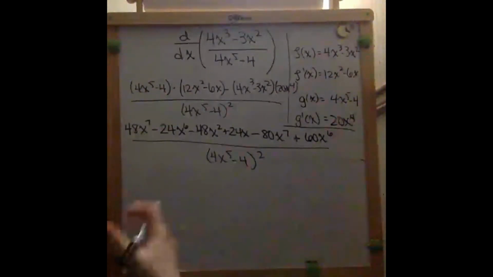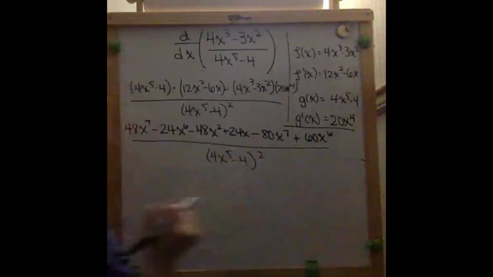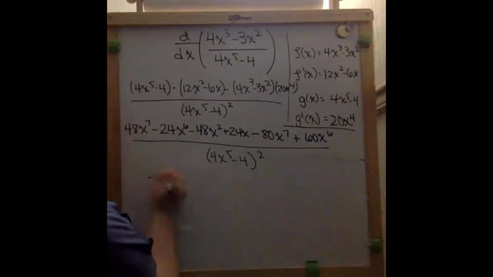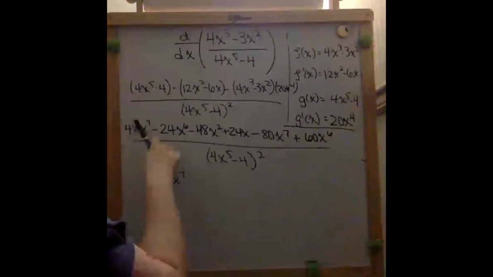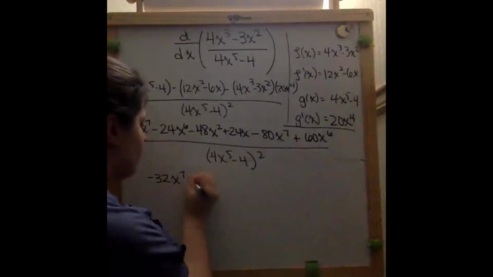Last step is to combine any like terms that I have. I have highest term looks like 48 and negative 80x to the 7th, which is going to give me a negative 32x to the 7th. Then we have the 6th, negative 24, and a positive 60.